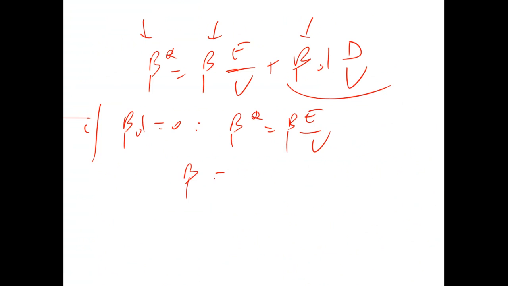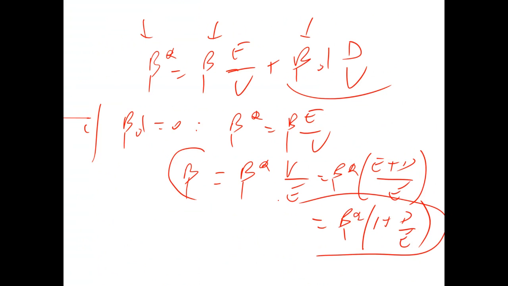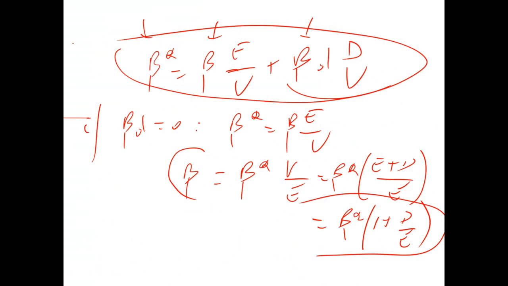And so you can write that beta E is beta star V over E, but this is beta star E plus D over E, and this would be beta star (1 plus D over E). And this is exactly what we had before. That is to say, this is the general proposition, and beta D equals 0 will tell you exactly what we found before. That is to say, the same relation between the beta and the beta star.